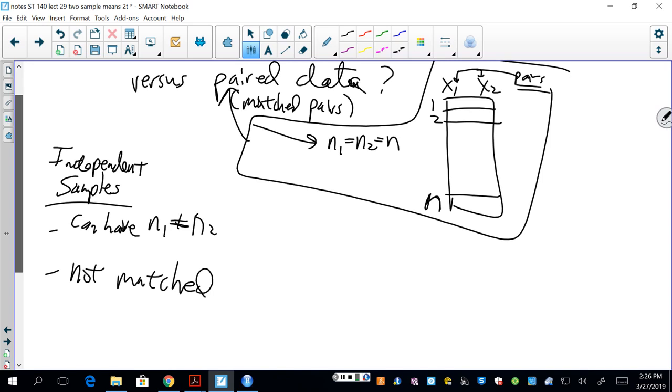When is it good to, say we're planning a study and we're going to take N individuals in one group and take 2N measurements.